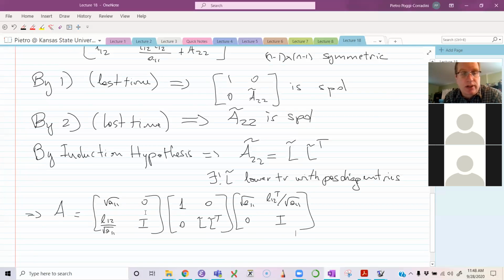By the way, I didn't mention this, but this X or X transpose is non-singular because it's lower triangular, right? So here when I said by 1, this is SPD because X is non-singular. And this you can see because you can just take its determinant.